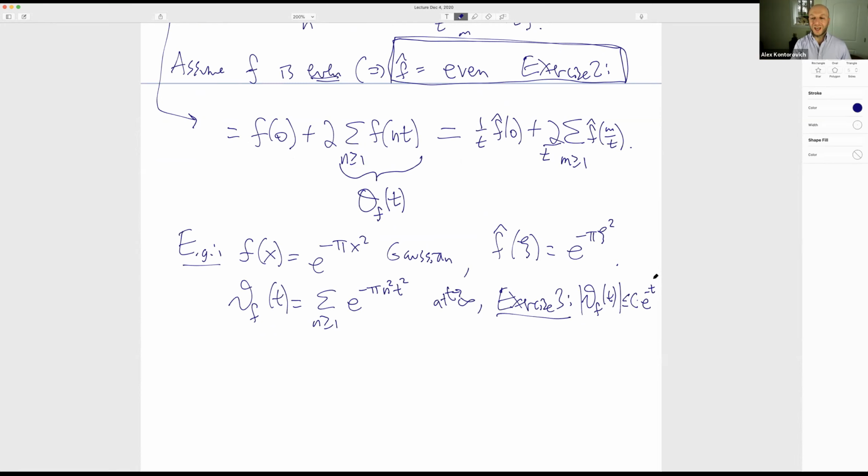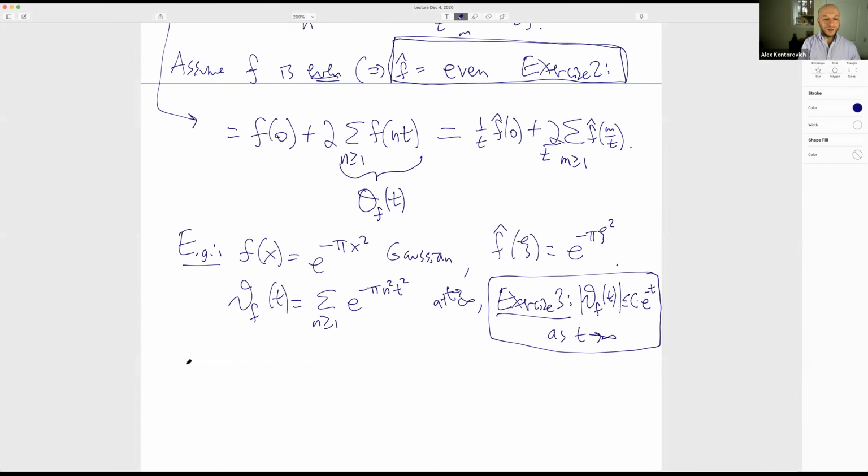So we have exponential decay. This is as t goes to infinity. Okay, do you buy it? This is a very weak statement. Significantly stronger things are true. In fact, it goes like e to the minus t squared, but never mind. Look, the first term here is already e to the minus pi t squared. So if t is bigger than 1, you're already way, way smaller than what I've claimed. Okay, but I'll let you think about that.